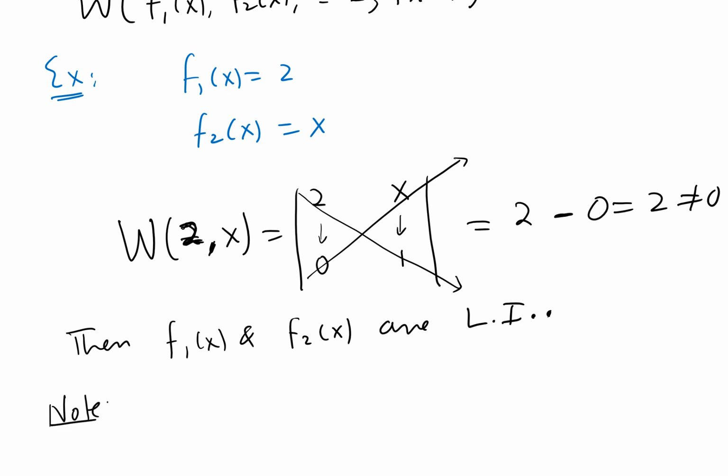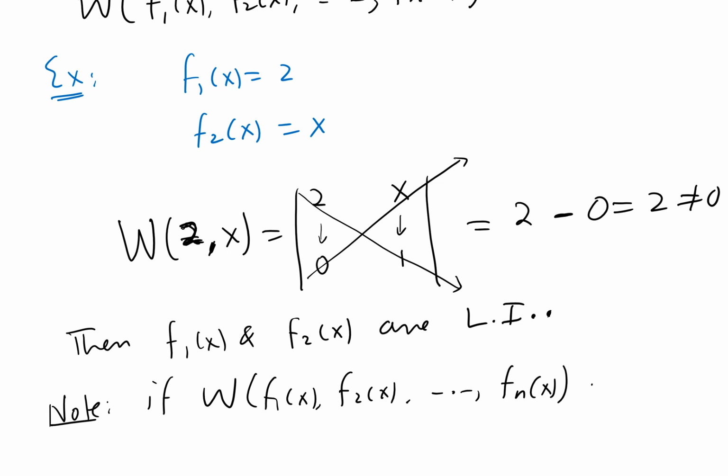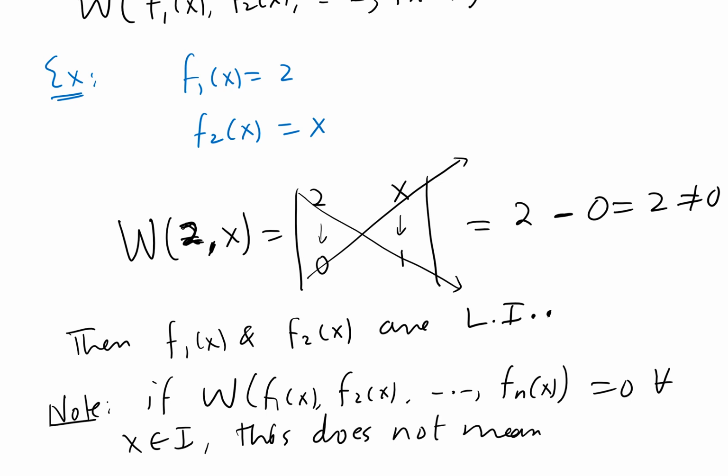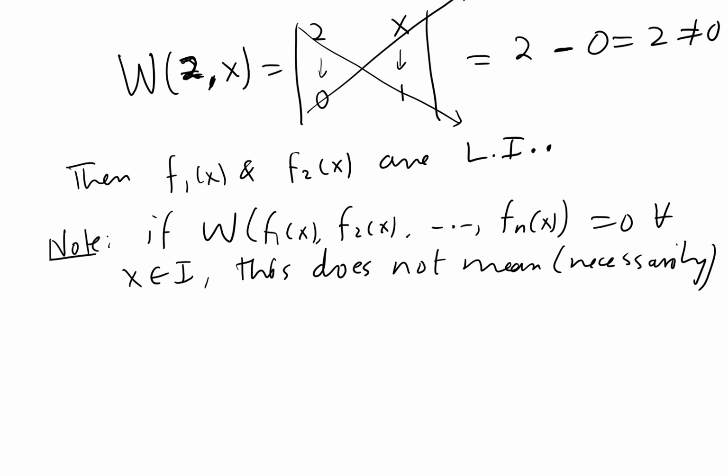By the way, note if the Wronskian of f1 of x, f2 of x, all the way to fn of x is 0 for all x in I, this does not necessarily mean the functions are linearly dependent.